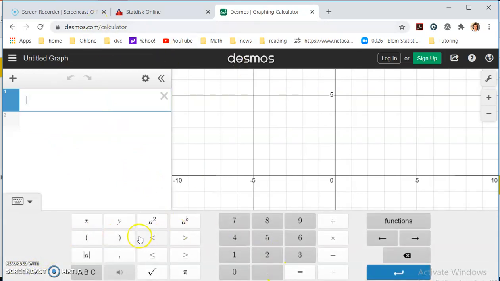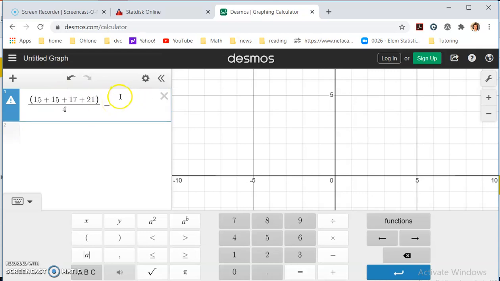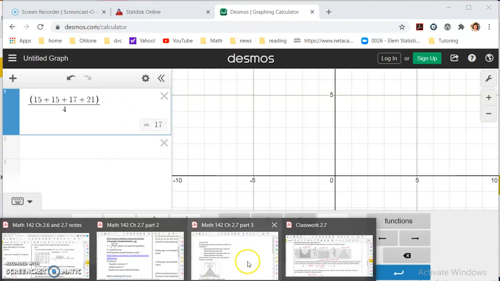So we can do that, right? 15 plus 15 plus 17 plus 21 equal, and then, close the parenthesis, divided by 4. Cool, right? That's 17. And then we go back and say, okay.